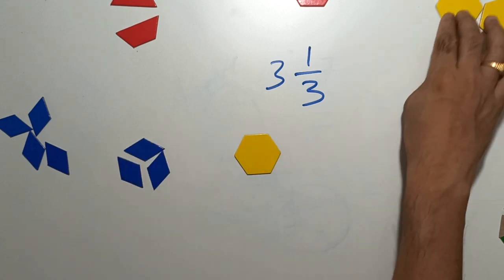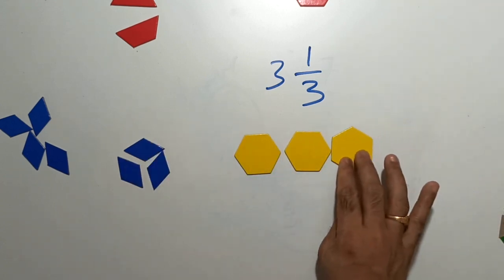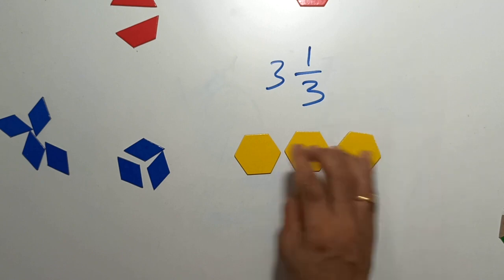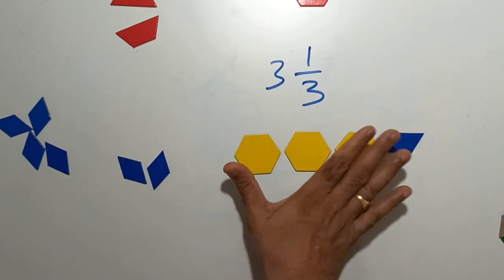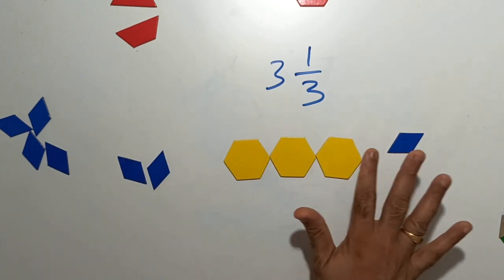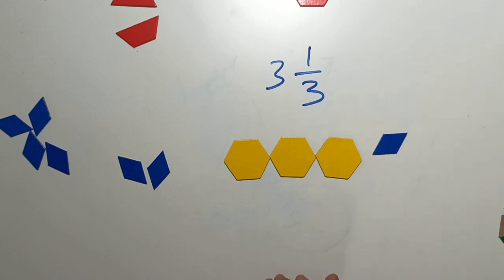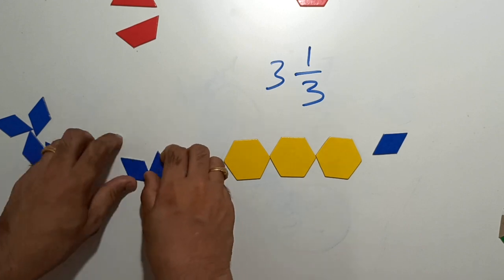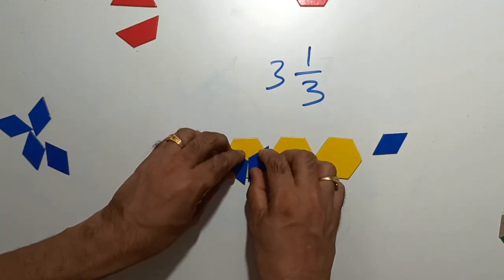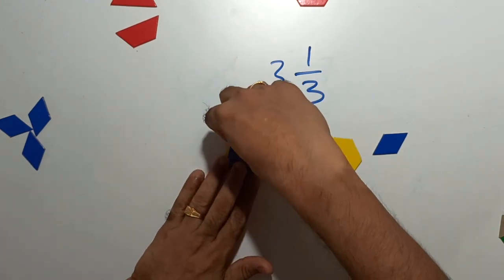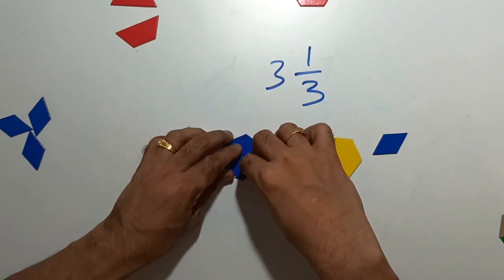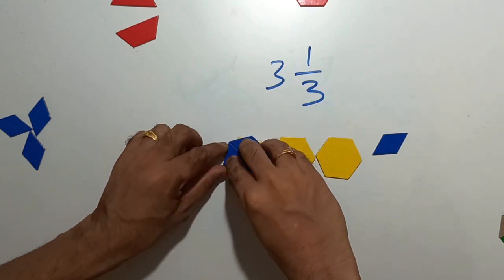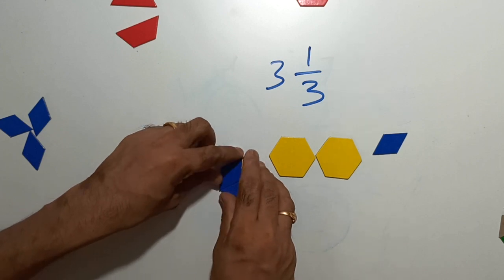So I take 3 of these wholes, right? And then I need one fractional piece. So this is how we represent 3 wholes and 1 by 3. How do I form the improper fraction representation of this? If I take each of these things, I can arrange this into 3 here, or slightly rotate it around.